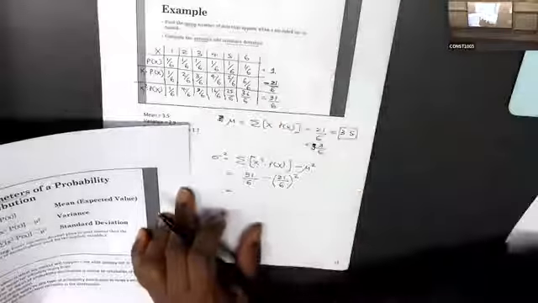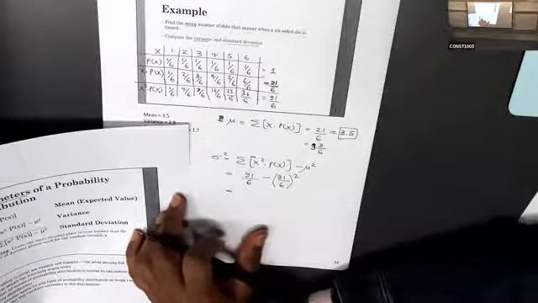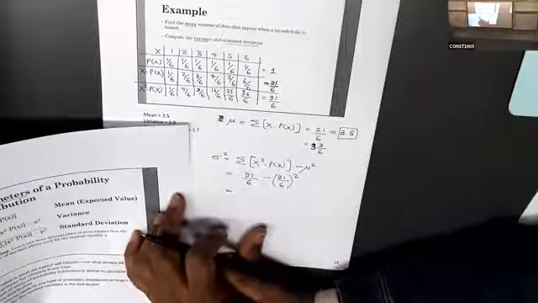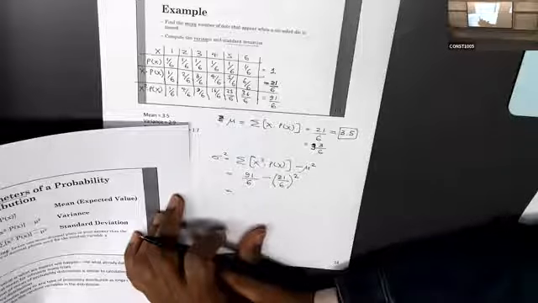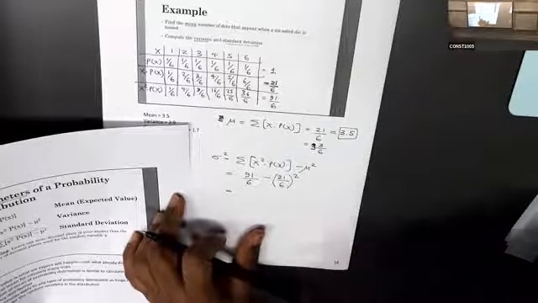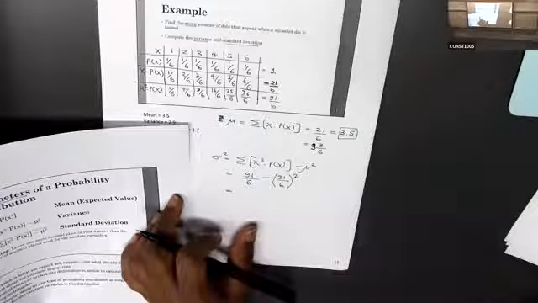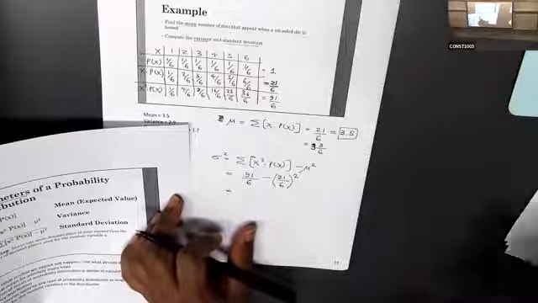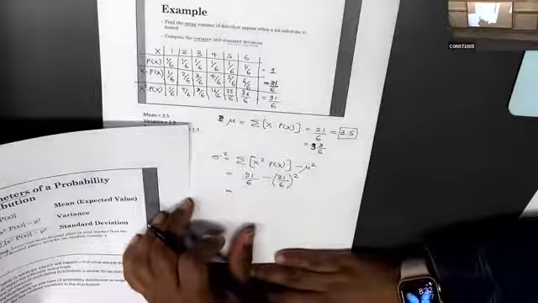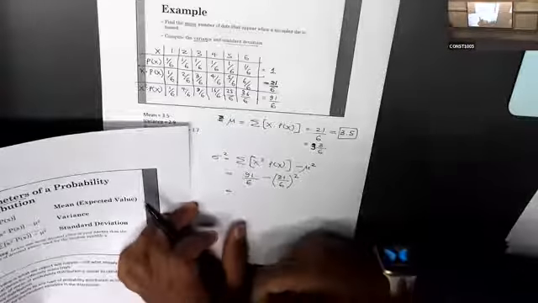Because we don't have decimal places in our x. Can anyone tell me? Try. Tell me the answer. What is the final answer?